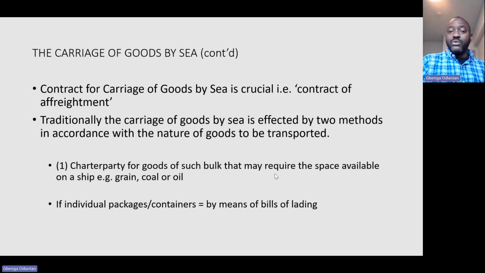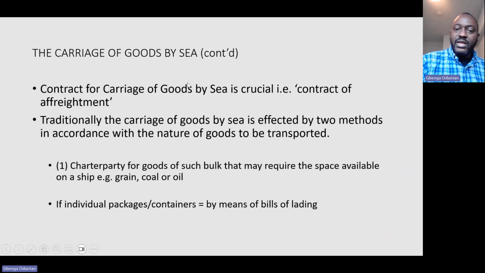In fact, that's the area where most of the contracts tend to happen, transportation via individual packages in containers. And that contract tends to be done under the bill of lading, law and practice. So those are the two types.